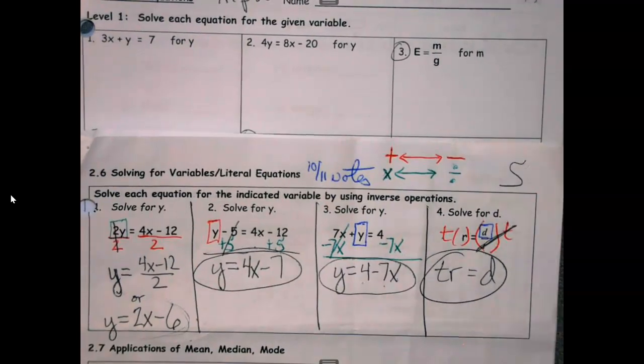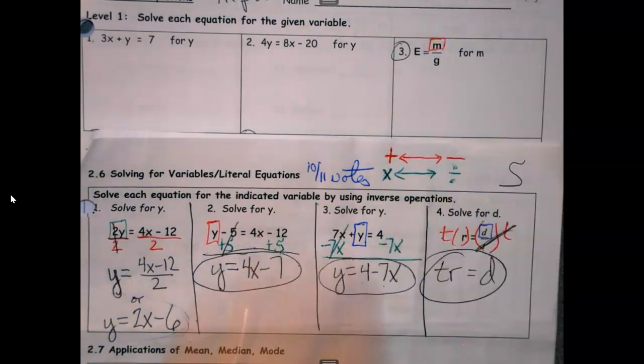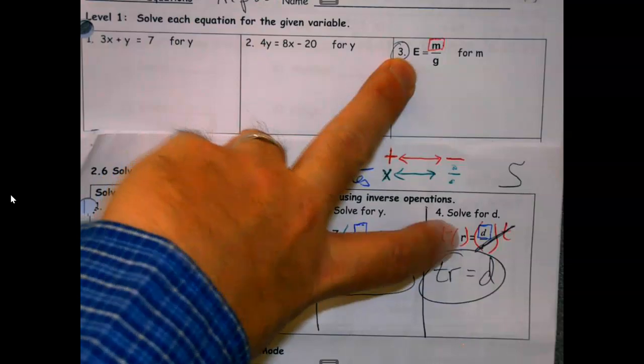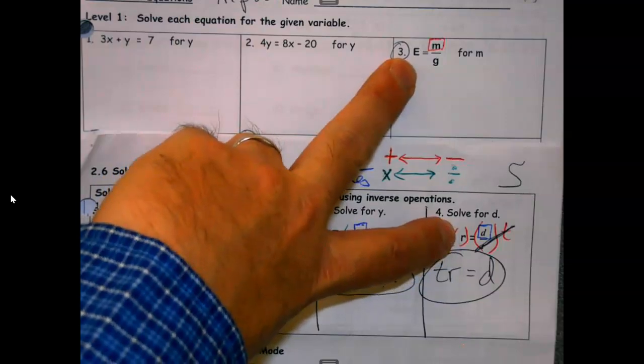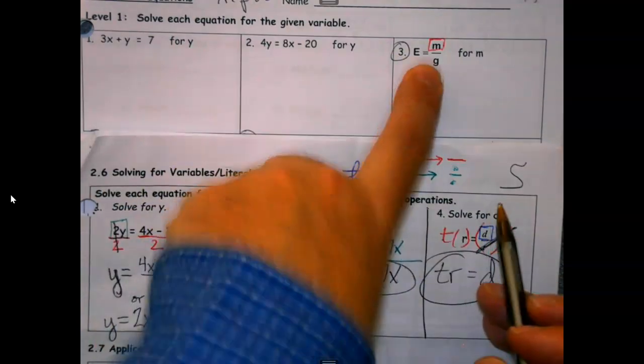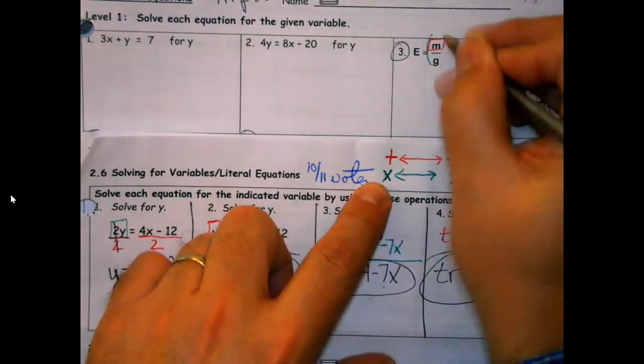Okay, so I got 3, and I got my examples here. So I'm like, okay, solve for m. Here's where having your examples is a bonus. Those look pretty darn similar to me because they are. So I look and I'm like, hey, I'm dividing m by g. Follow it back to its opposite.